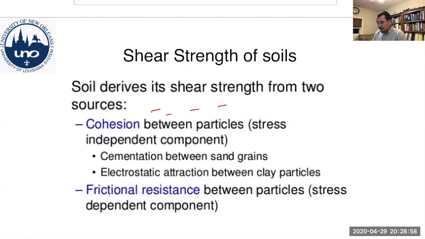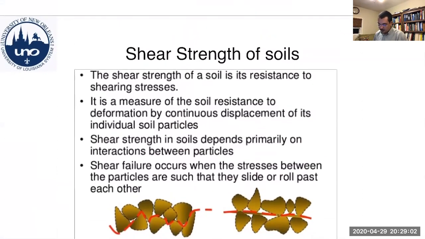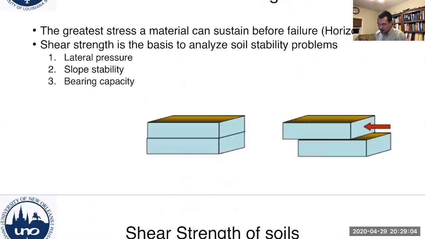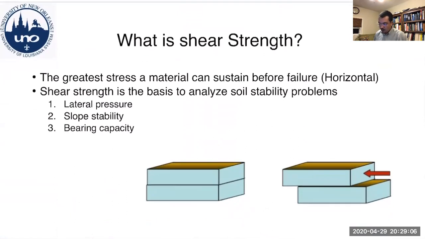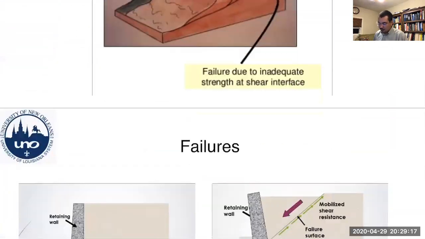That's the shear strength of the soil, its resistance to shearing stresses. We mentioned that all these values are used in lateral pressure calculations, slope stability, and bearing capacity calculations. That's why we need all these shear strength values at failure.